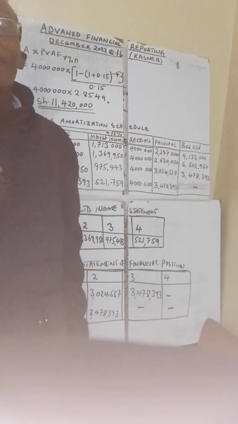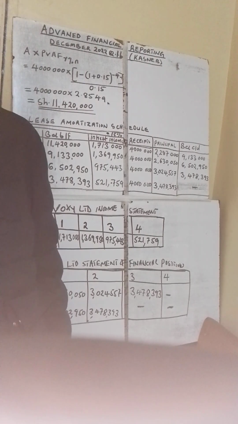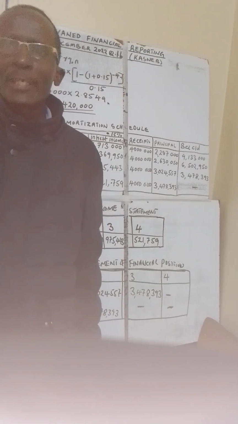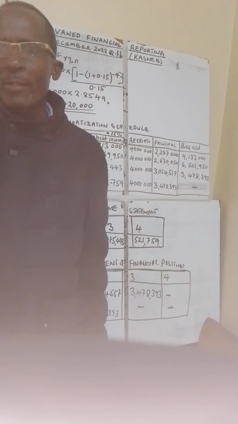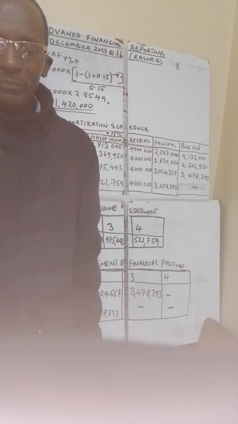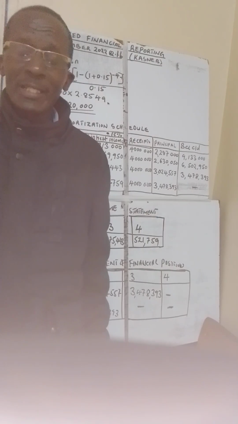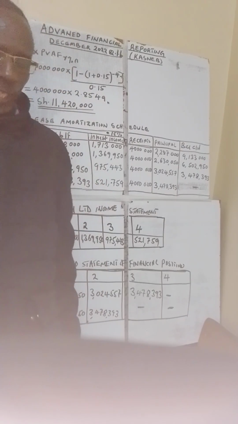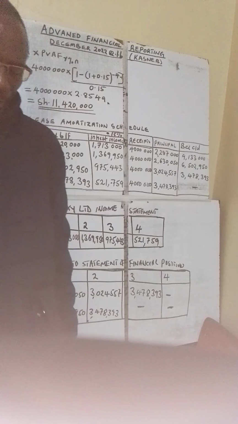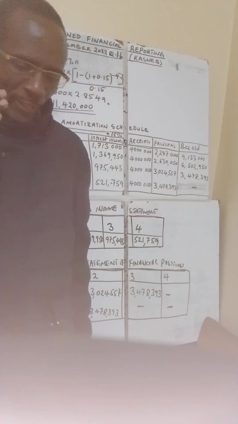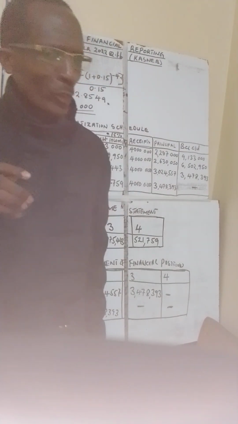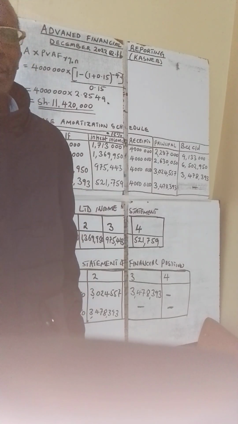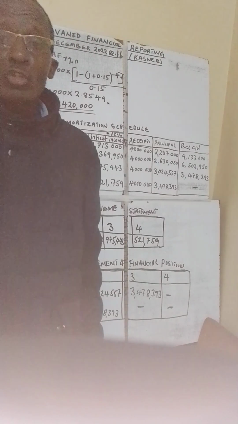If cash flows are occurring by the start of the year, that is annuity due, you just need to adjust that formula by multiplying it by 1 plus r, and you will have calculated the present value of those annuities due. That is the cash flows occurring by the start of the year.